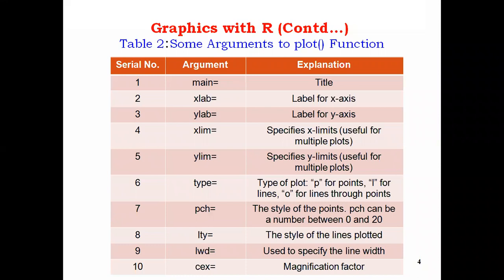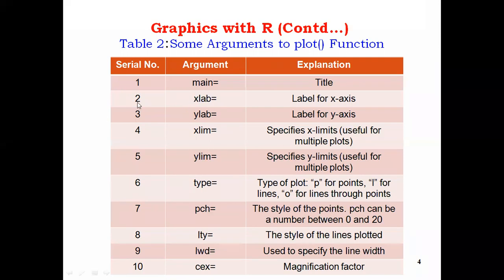Suppose we draw some graphs and we are not giving any name, then how can we understand whether this is a simple bar diagram or multiple bar diagram or subdivided bar diagram? So for this we are using main equal to, that means the title of the plot, the title of the diagram. I think all of you understood this.